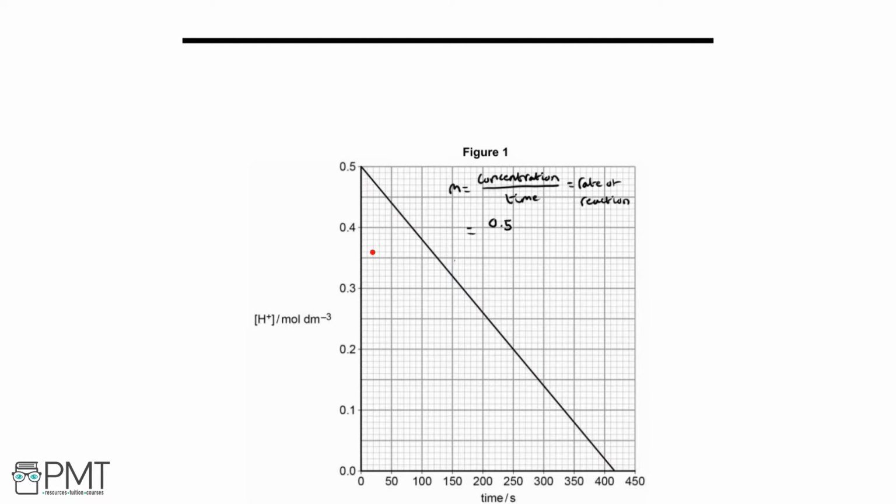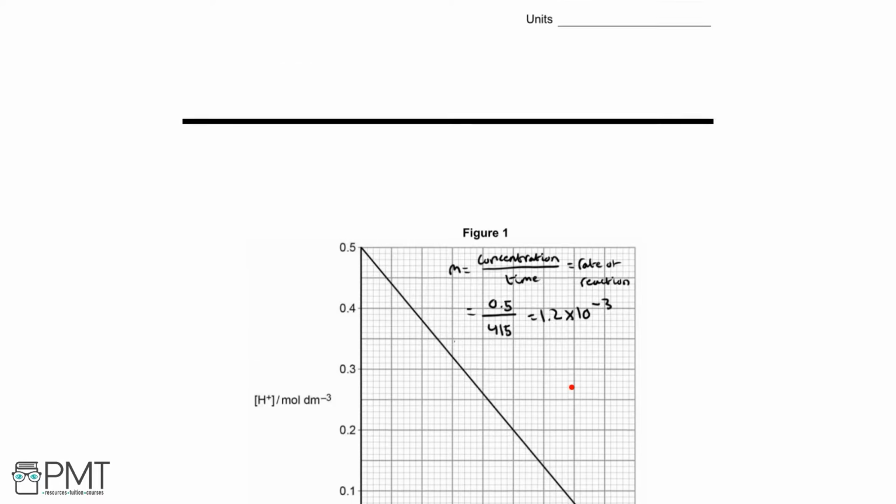Secondly, the change along the x-axis for our time ends up between 410 and 420, so that's going to be 415. And that is going to get us a value of 1.2 times 10 to the minus 3. So there is a value of our gradient.